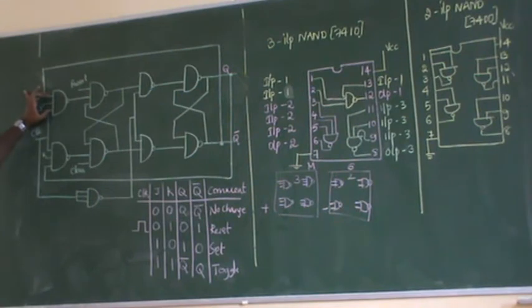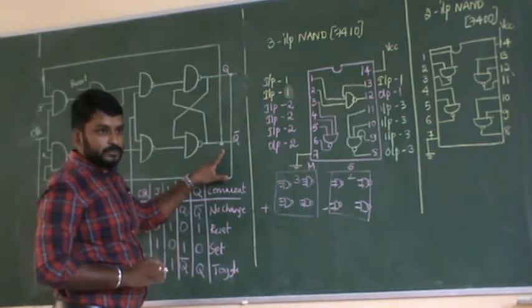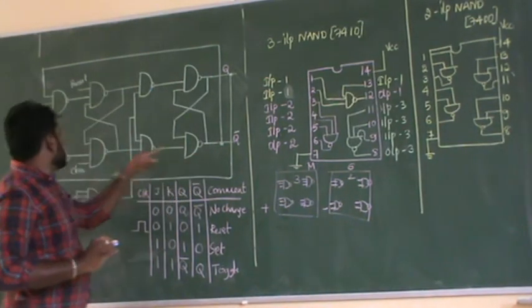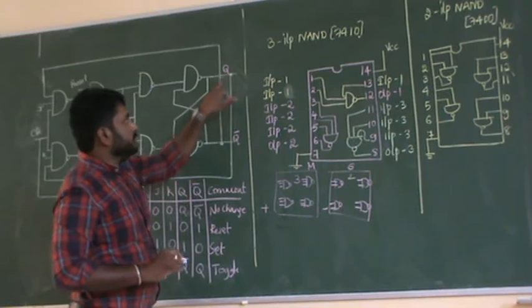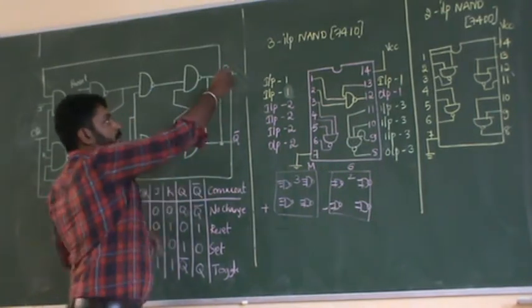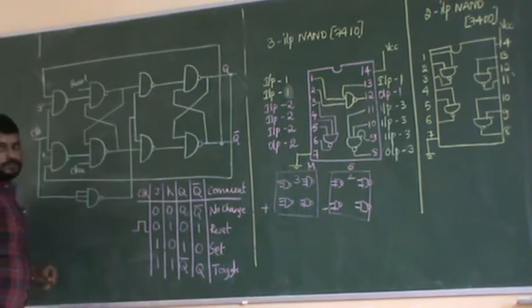Among these 3 inputs, one input is J, and among these 3 inputs, one is K, and one input is taken from Q bar, which is an output, that is a feedback loop. Here also, one of the inputs for this second NAND gate is taken from Q. See, Q is connected to here and Q bar is connected to here.